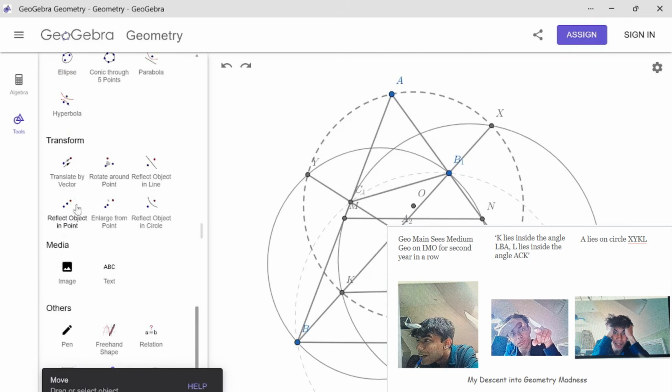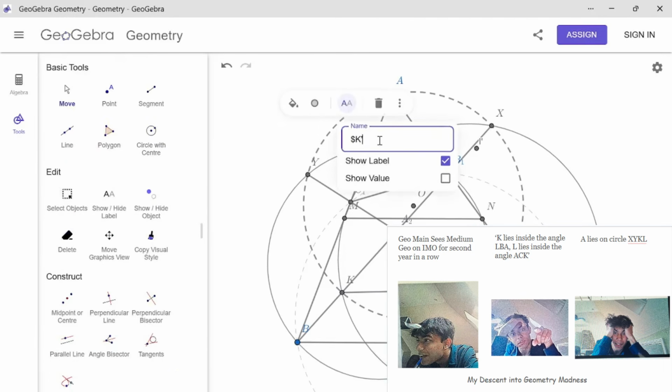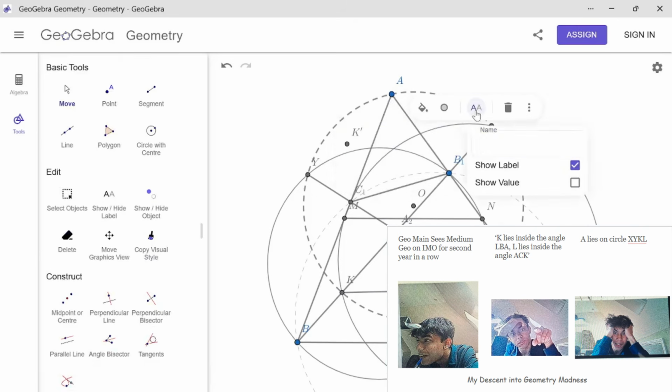Nothing else involved A as well. I don't want to involve A, so it makes sense to put these points. And we know that A L prime L B is cyclic, and A K prime K C is cyclic.